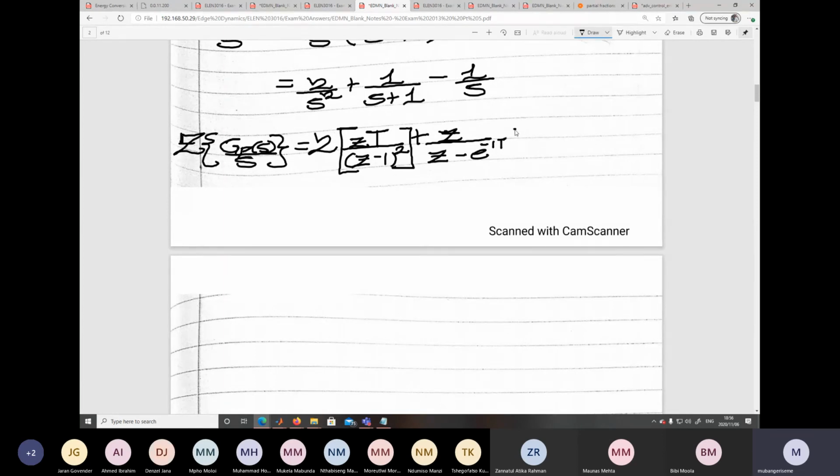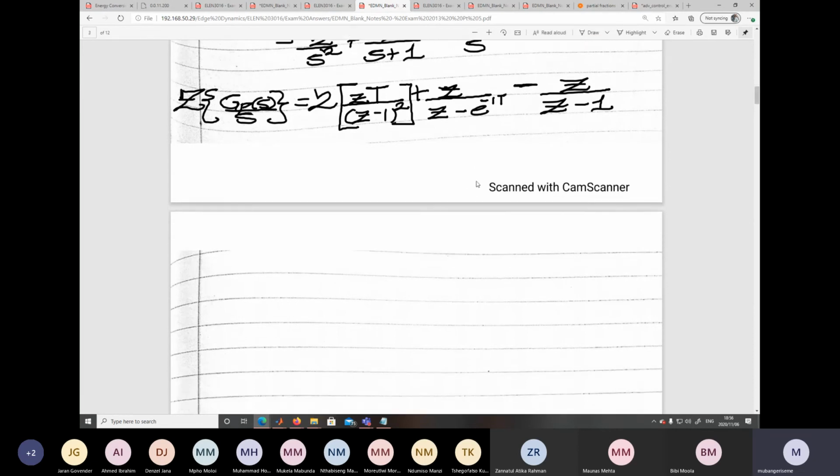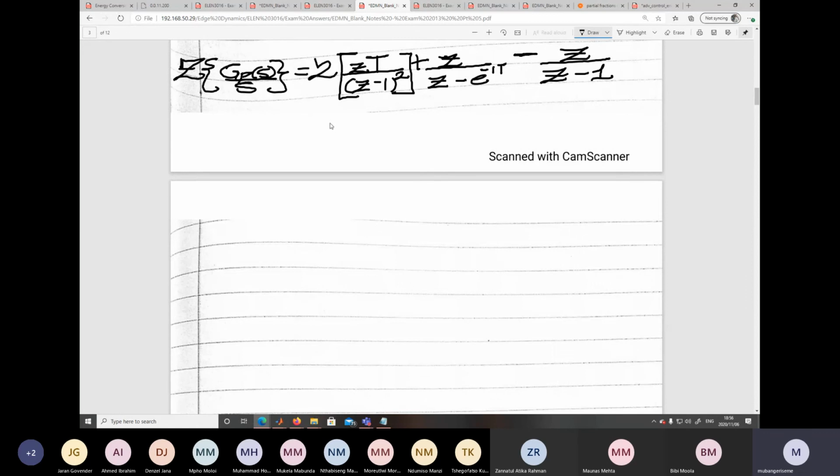Correct. Somebody can just double check that I'm not chatting nuts. Minus Z all over Z minus 1. And from your diagram, you know that T happens to be equal to, what is it, 1 or 0.5? It's 1. No, it's 0.5. 0.5. Okay, cool, no beefs.